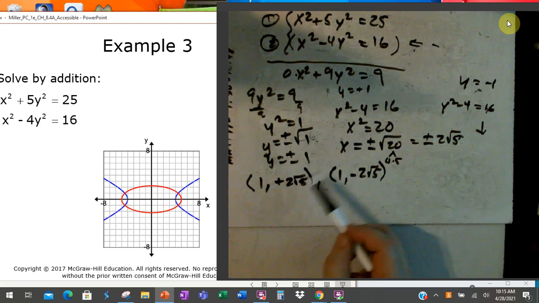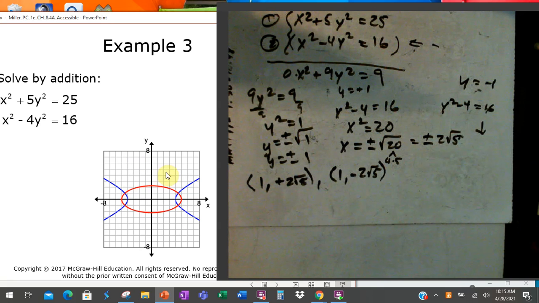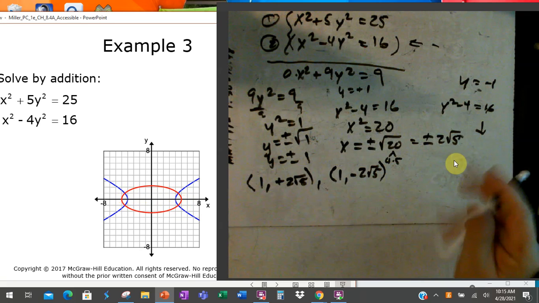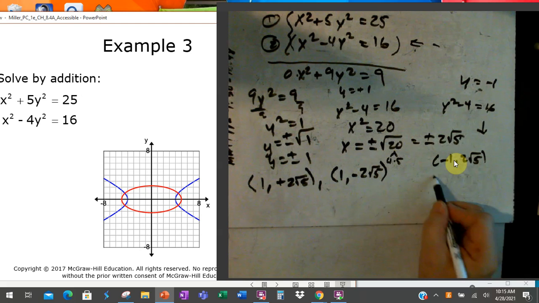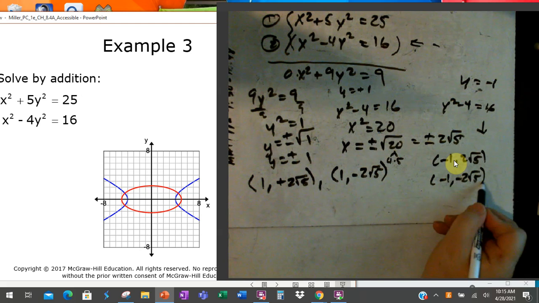So plus or minus, this would be the plus 2 square root of 5, 1 minus 2 square root of 5. And then when I do this one, this gives me the minus 1, 2 square root of 5, and then minus 1 minus 2 square root of 5.